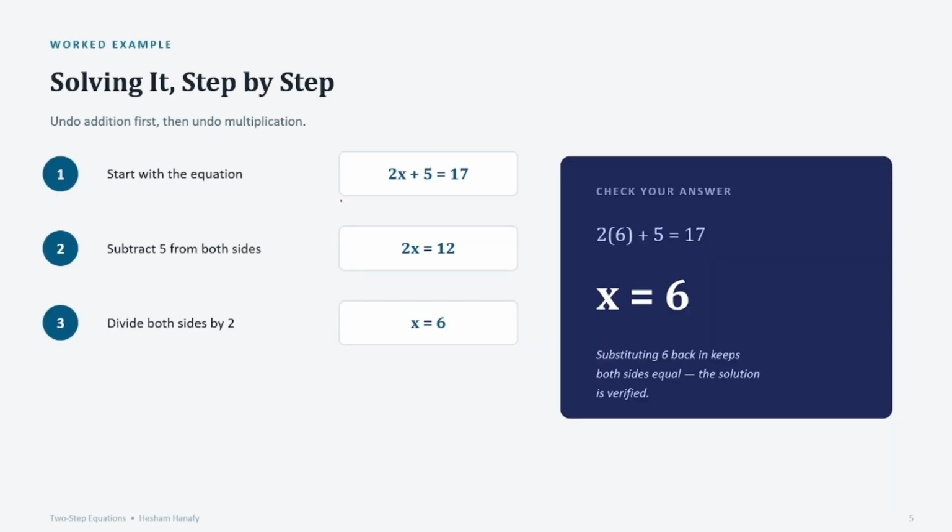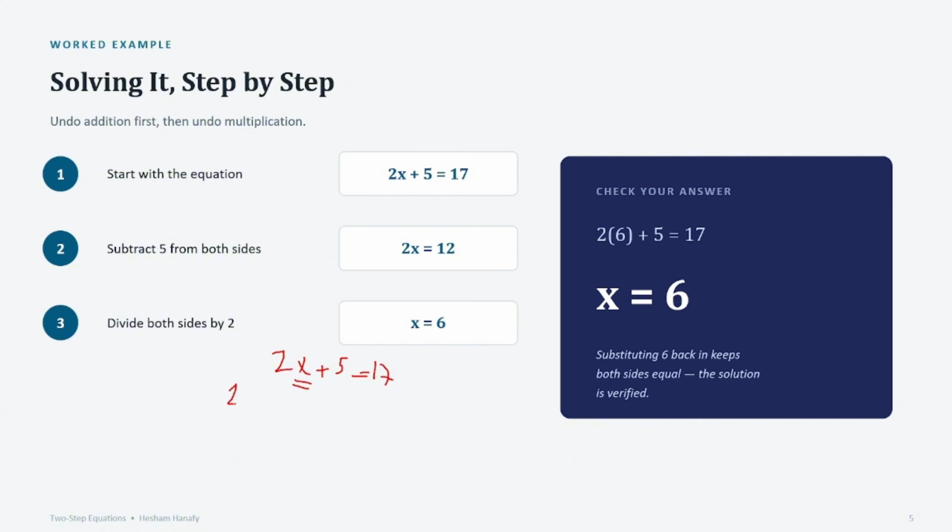Let's take this example. Let's solve it together so I can make sure that you fully understand. Here, 2x plus 5 equals 17. Our goal is to make the variable x alone, but as we said, we will first apply the opposite of addition.